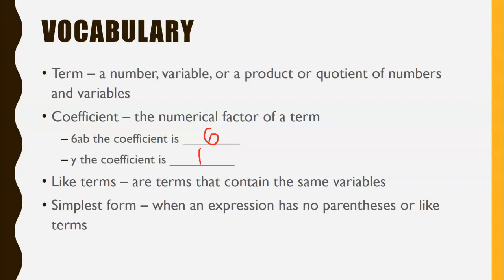Like terms are terms that contain the same variables. So the idea is that they have to be the same letters or the same variables. Simplest form is when an expression has no parentheses or like terms.